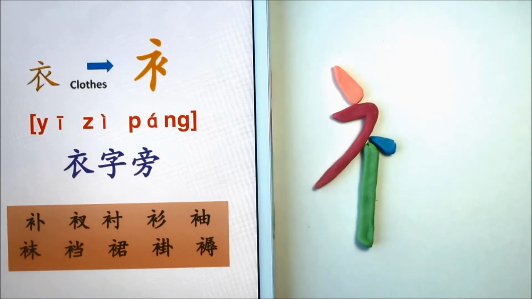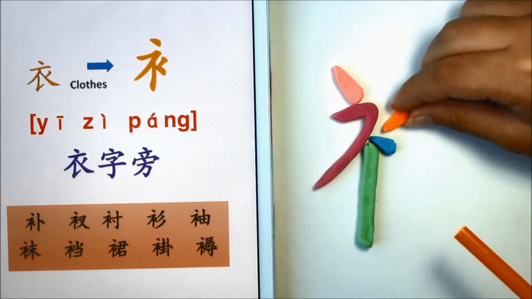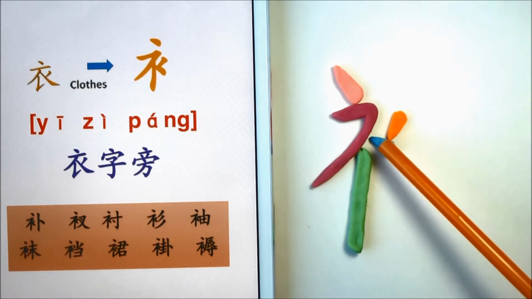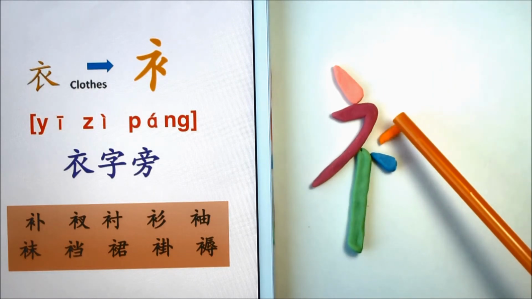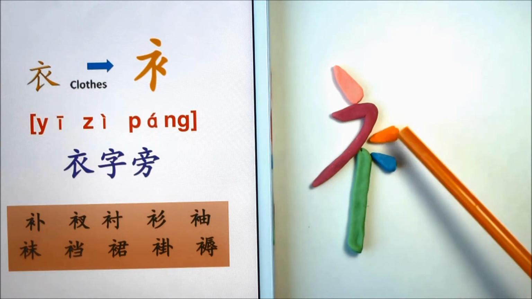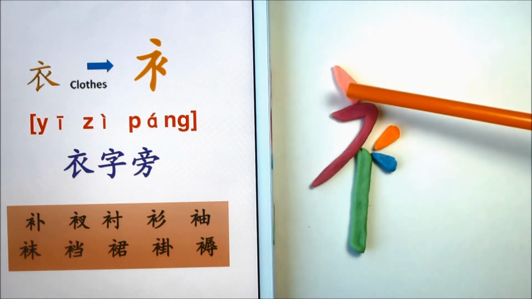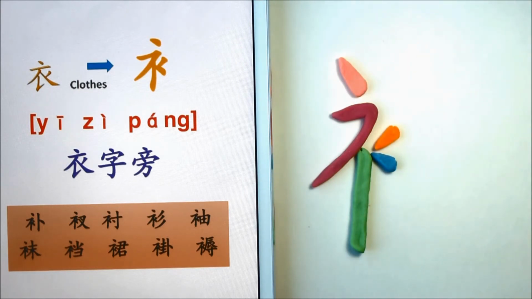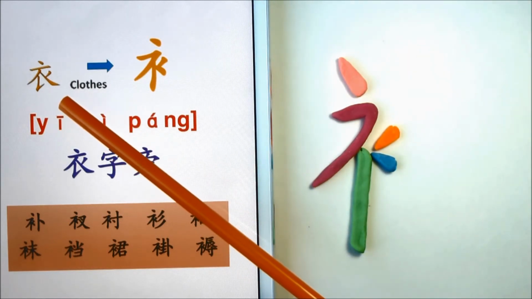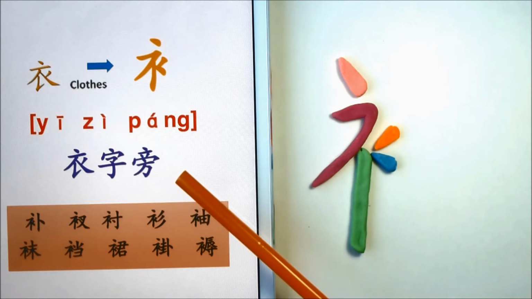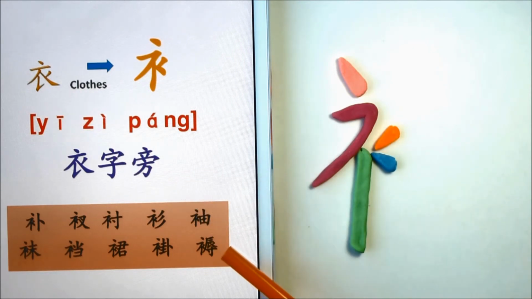If we add just 1 more dot, it turns into a whole new radical called 一字旁, comes from the character 一, which means clothes. This radical is often at the left of a character, and most of the characters that 一字旁 can make are related with clothes. Here are some examples of that.